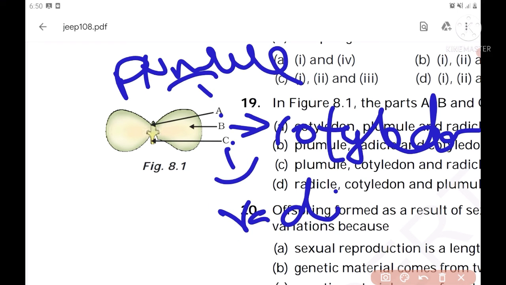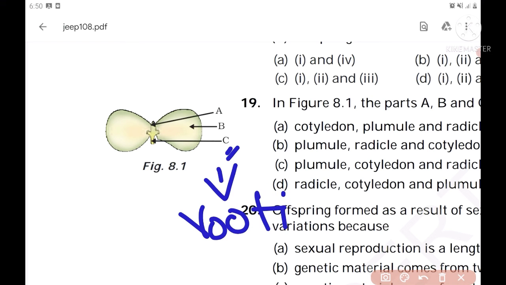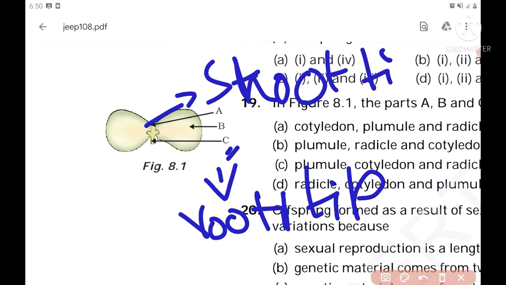Now how do you remember it? The C part is the root tip, and the A part is the shoot tip. Now what is root tip and shoot tip? This part later on grows into a root, and this one into a shoot.